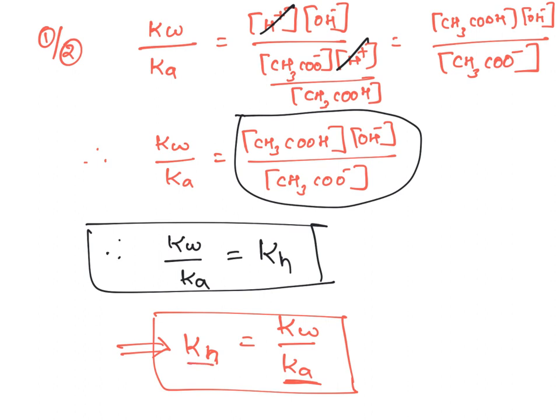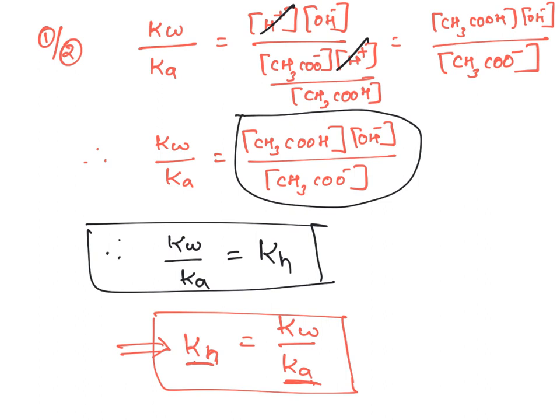If the acid dissociation constant is high, the hydrolysis constant is less. This indicates that if the acid is strong, hydrolysis is weak. If the acid is weak, hydrolysis is strong. That's why for a weak acid, the conjugate base is strong and readily involves itself in the hydrolysis reaction.